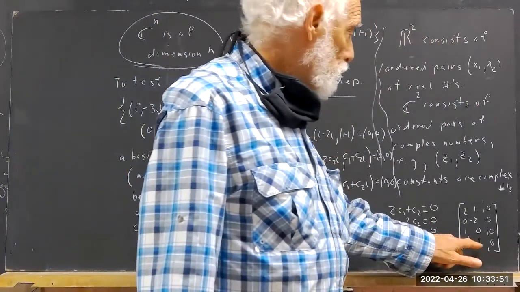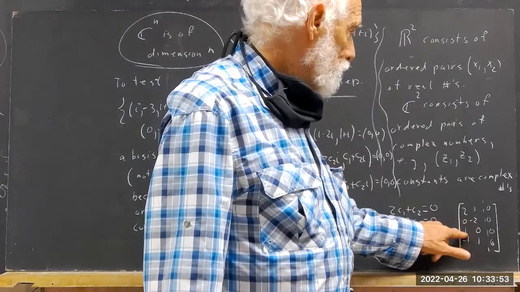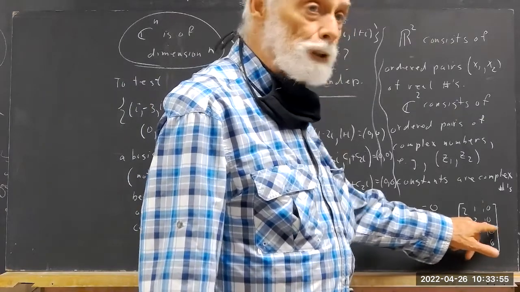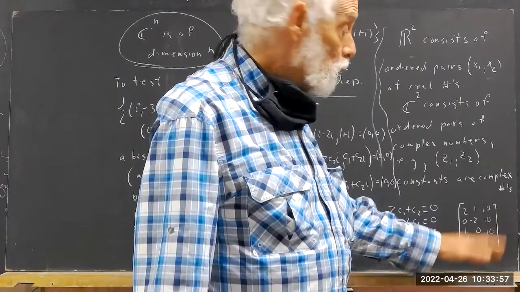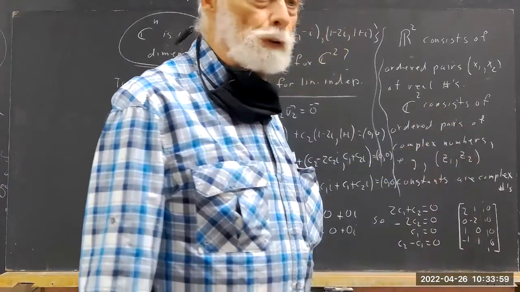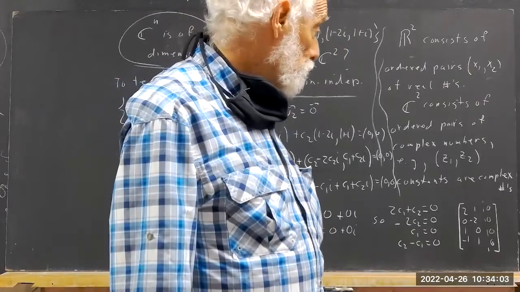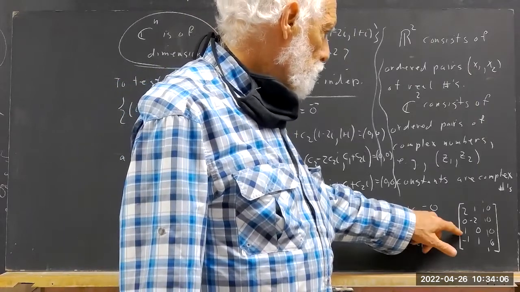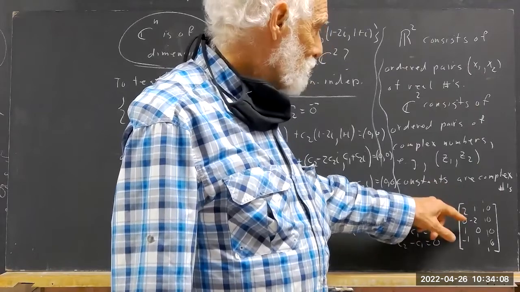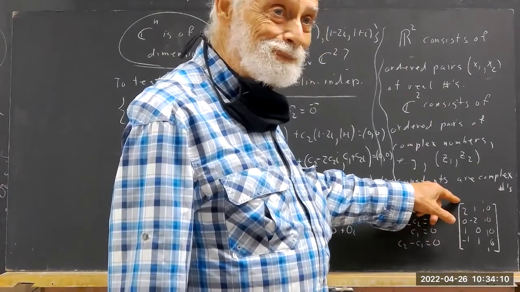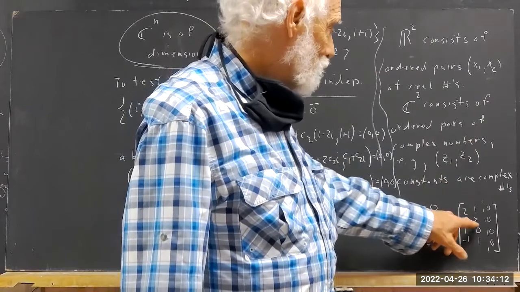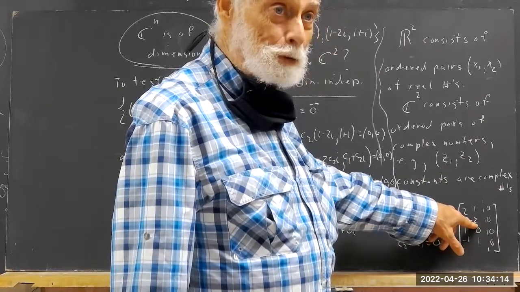Now, of course, this equation here tells you that C1 is 0. This tells you C2 is 0. No free variables. You could row reduce it if you wished. And the easiest way to row reduce it is to bring this one up to the top, put this one in the second position, and then divide this one by -2.